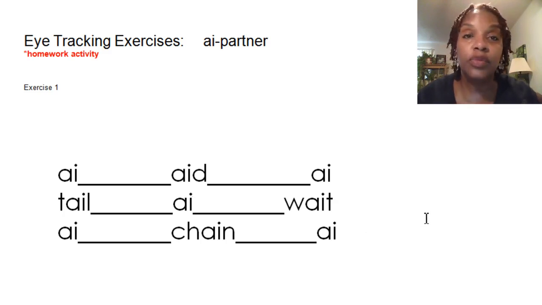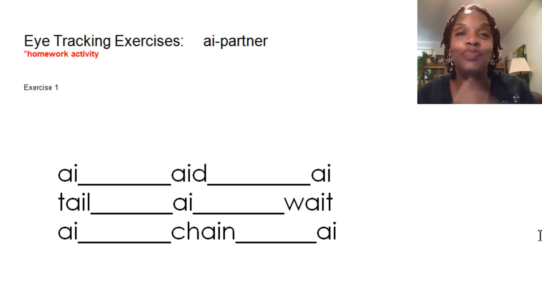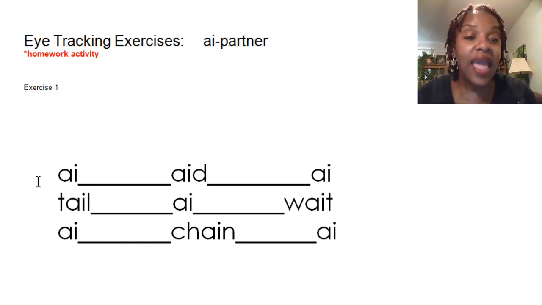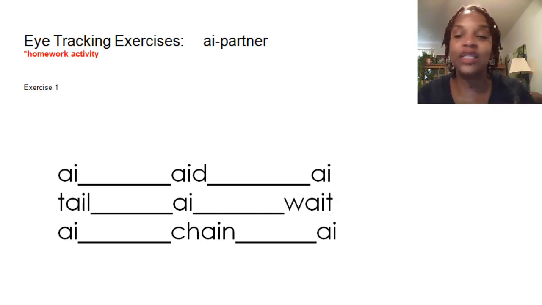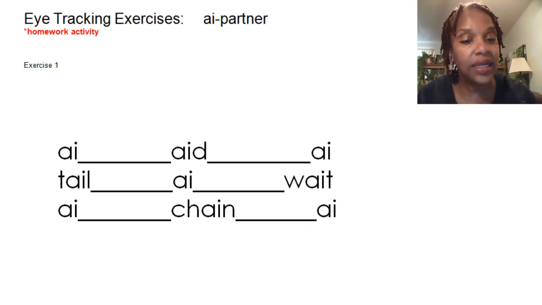All right. So ready? 1, 2, 3, go. A, aid. A, tail. A, weight. A, chain. A. Good job. So now we're going to take away the lines, and we're going to do it one more time.